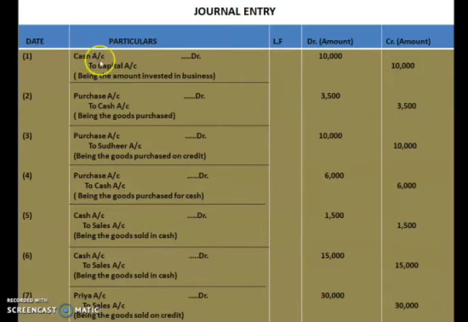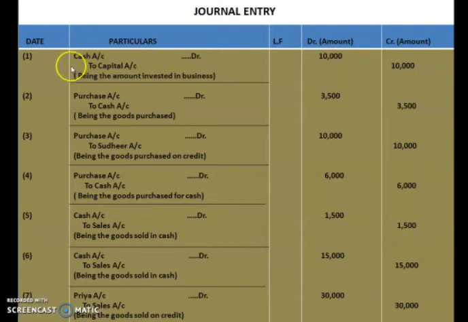See the way how it is written: cash account debited. A/C is the short form of account. So cash account debited. Okay, debited in short form you have to write Dr. Don't write the full form. This is the way you have to write. And in front, on the debit side, write down the amount 10,000. It is given in the question that capital is brought for 10,000.